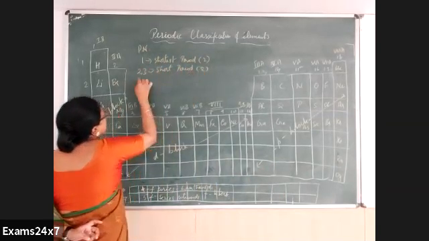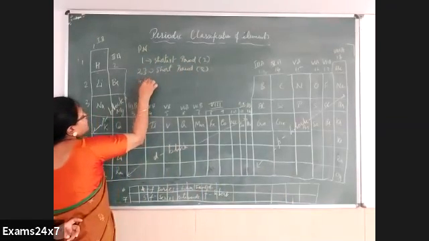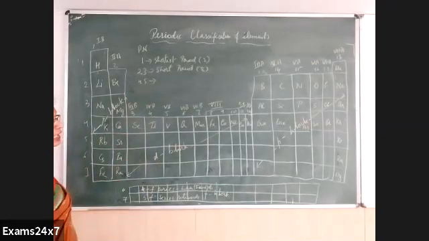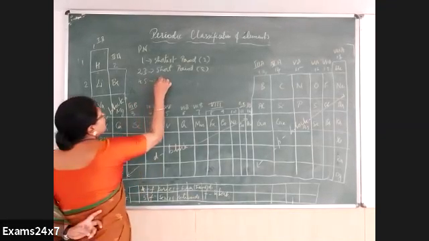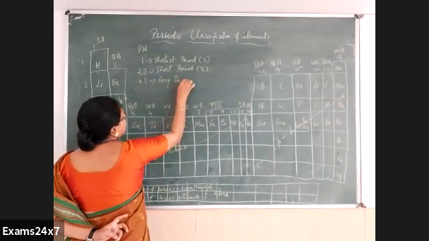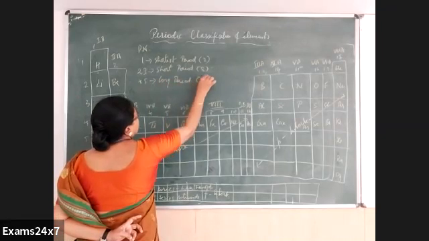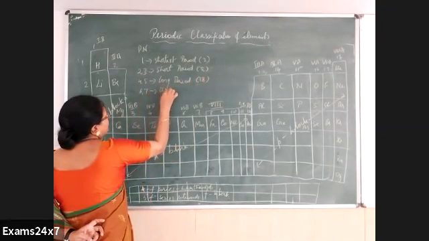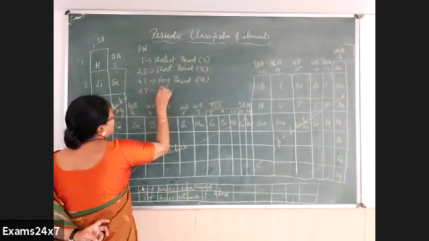8 each. Similarly, 4 and 5 are called long periods. They have 10 elements plus 8 plus 10, 18 elements each. Long periods with 18 elements each. Then 6th and 7th are the very long or longest periods.